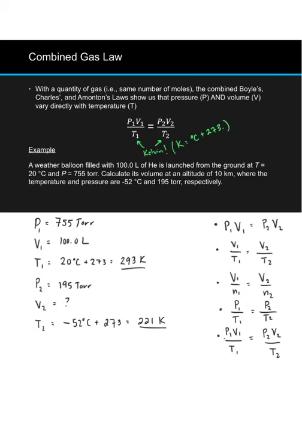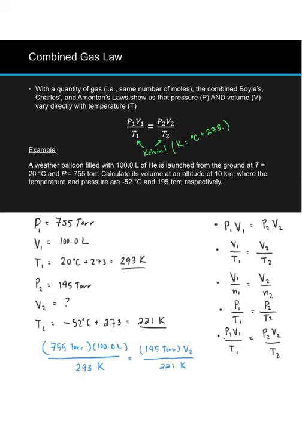To plug directly into the combined gas law, I'll take P1, 755 torr, multiply by V1, 100 liters, divide by T1 in Kelvin, 293 K. On the other side, P2, 195 torr, multiplied by V2, our unknown, divided by our T2, 221 K.